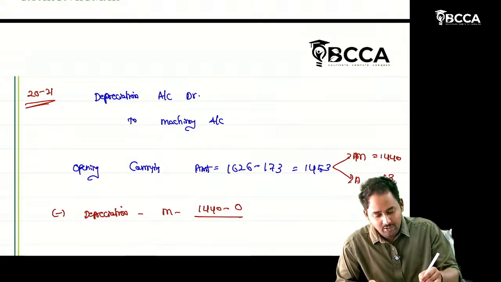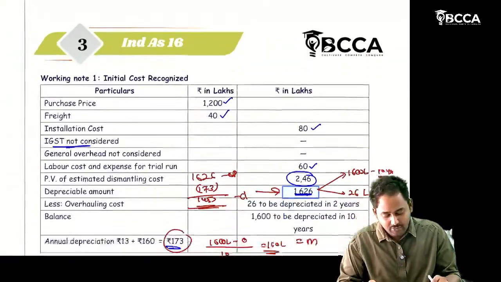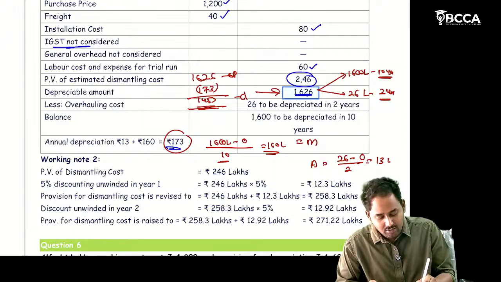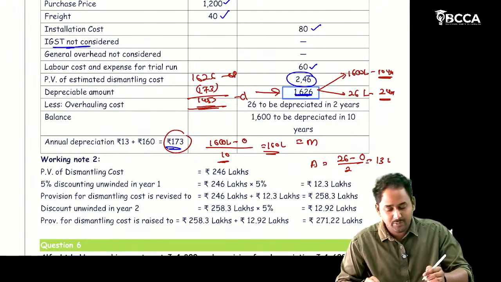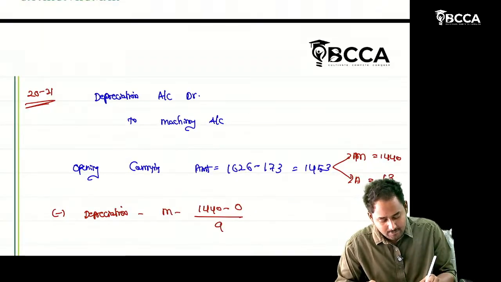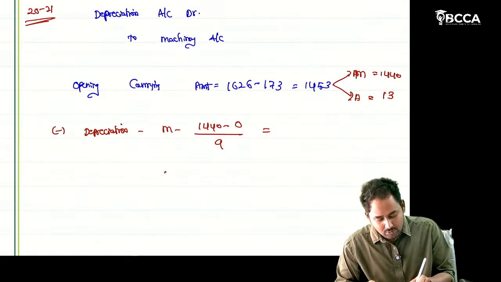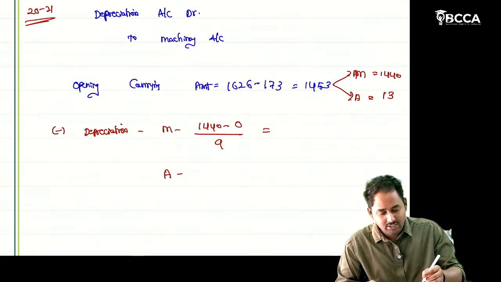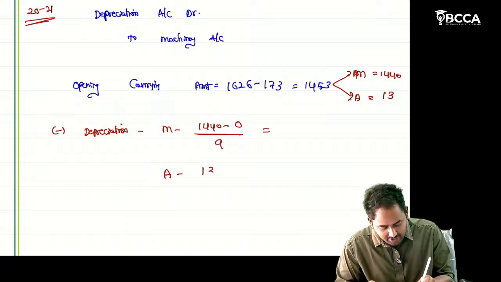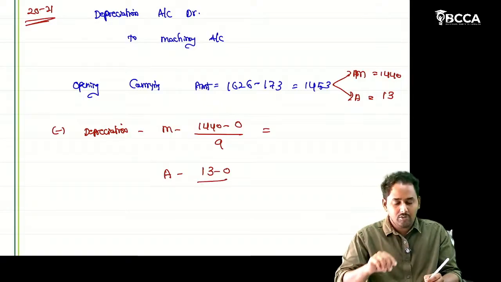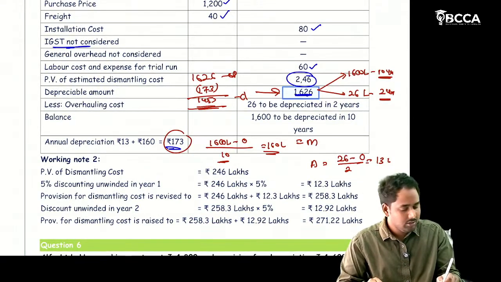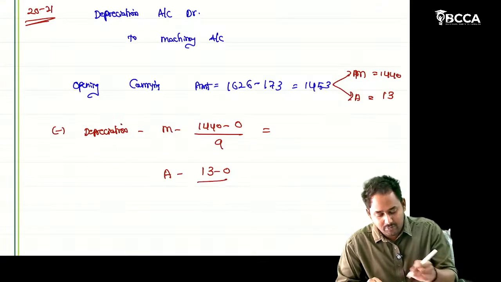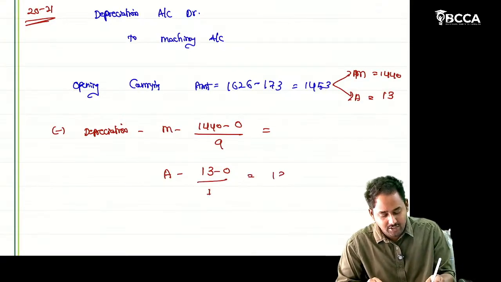Divided by the expected useful life. Here last year it is 10, and 1 year expired, so it is 9. With respect to the additional component, the opening carrying value is 13 minus 0. Out of 2 years, already 1 year is expired, so the remaining useful life is 1 year.